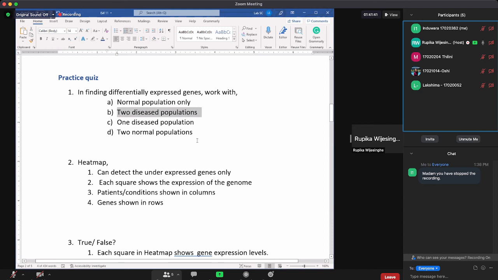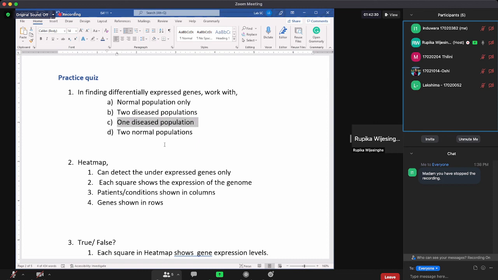Using 2 disease populations, disease in the sense that infected or with the diseases, you can compare there, because you can take breast cancer and colon cancer patients to see whether there is a difference between the gene expression. 1 disease population can also be used, because you can take a population of cancer patients and check their gene expression at the beginning and at the end.